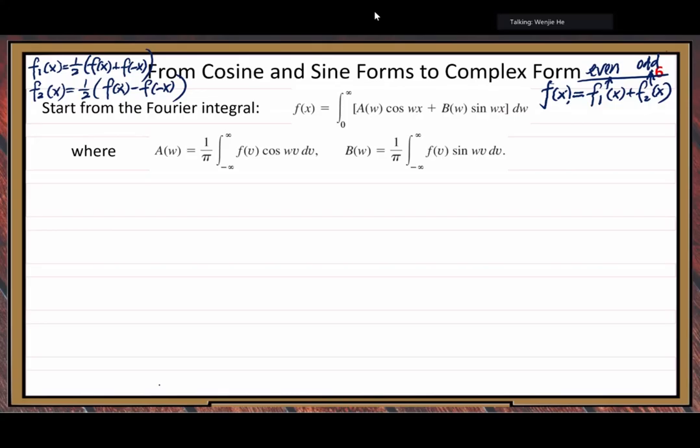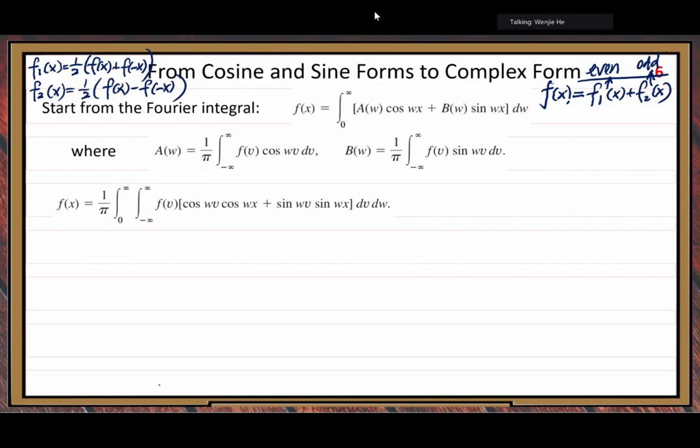But when we represent the original function in the Fourier integral, our integral limits are from 0 to infinity. It's different: half axis and the whole axis.